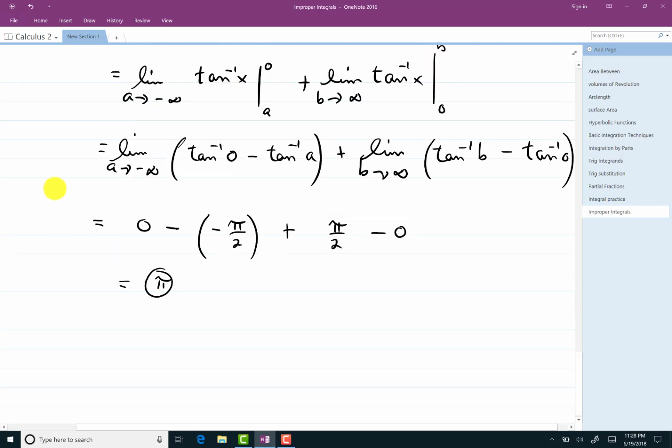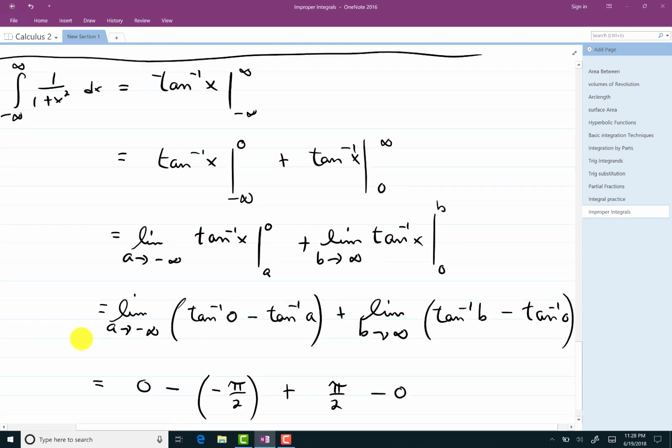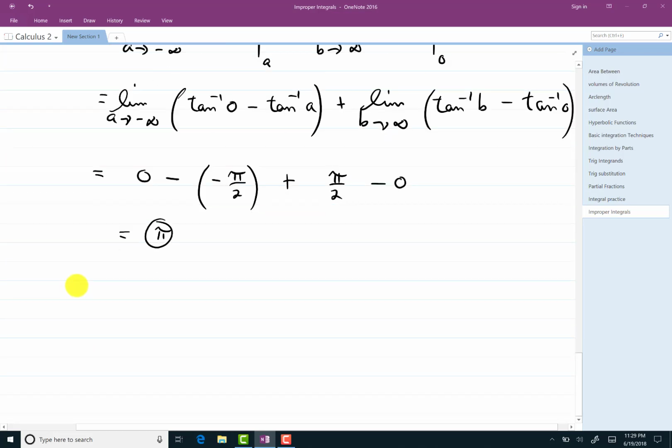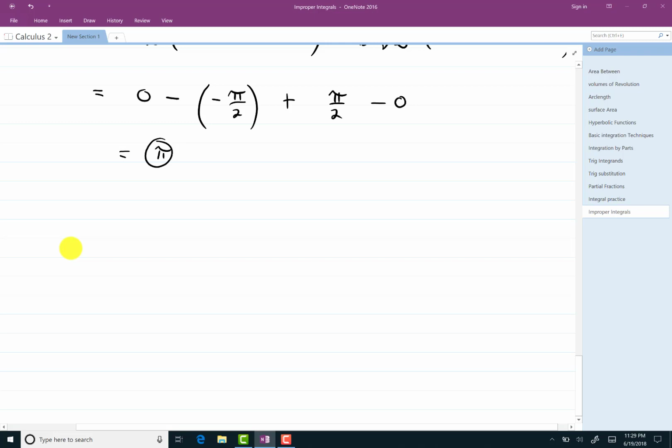So that means that we actually have, mathematically at least, an area under there. Let me draw a graph of this real quick. What you have is something of a bell-shaped curve, and somehow this comes out to add up to pi. This is a large deal here.